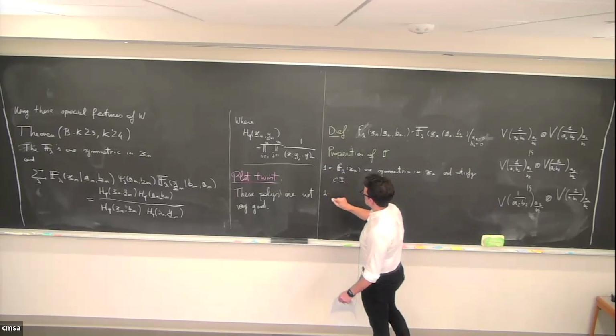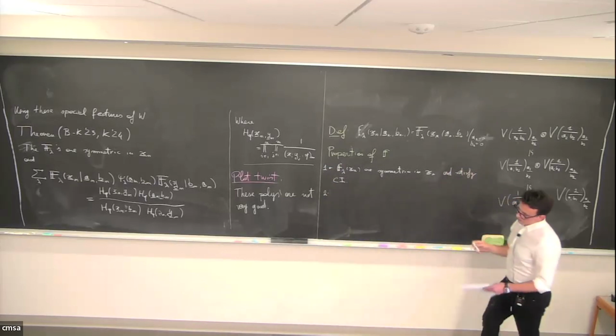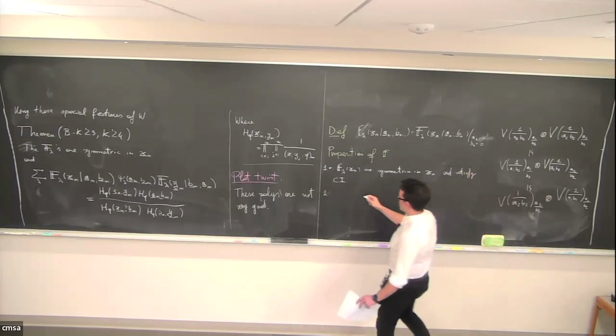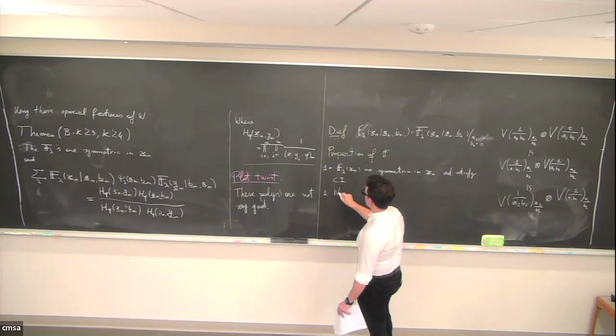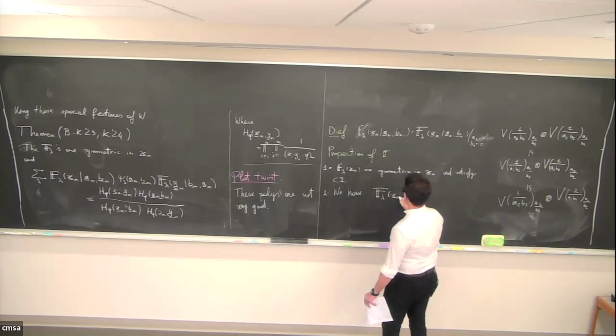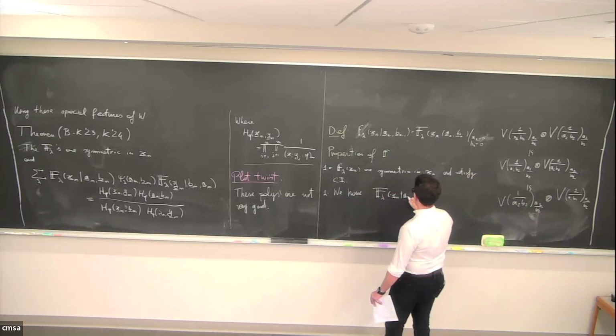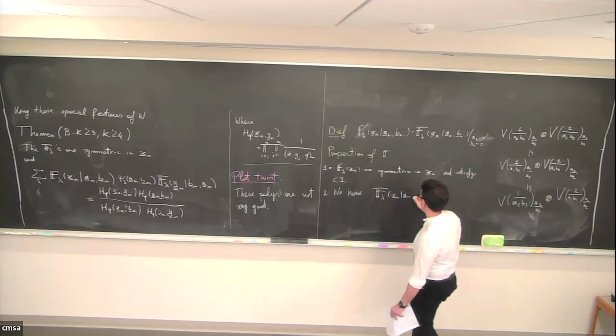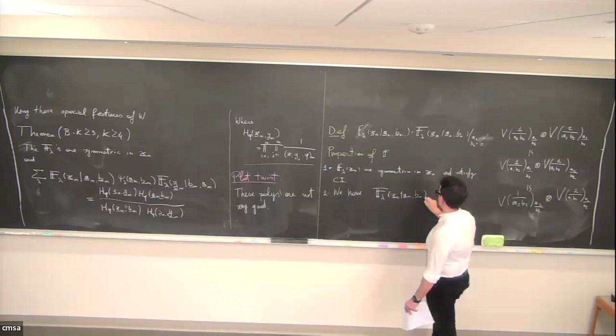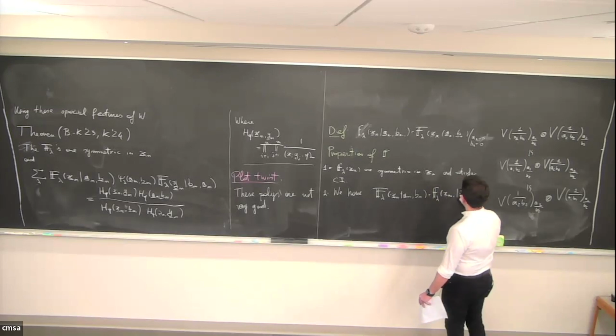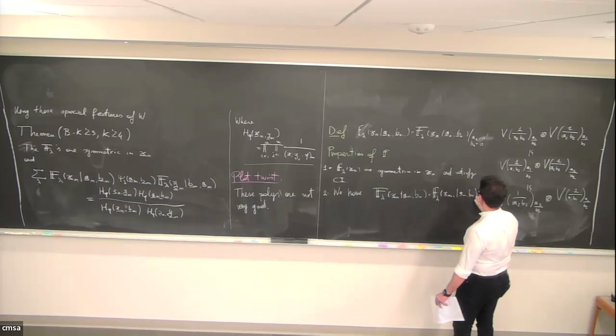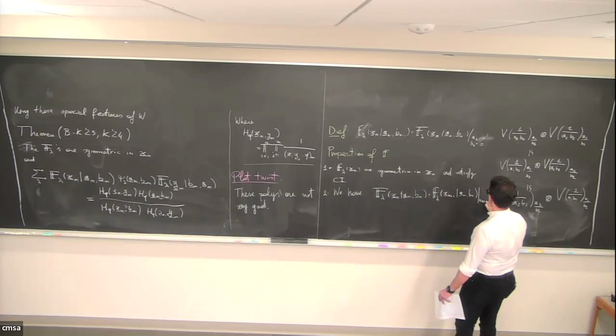The second property is that you can actually recover the capital F. So we have f_lambda(x_n, a_n, b_n) equal to f_lambda(x_{n+1}, a_n, b_n), where x_{n+1} equals 0.